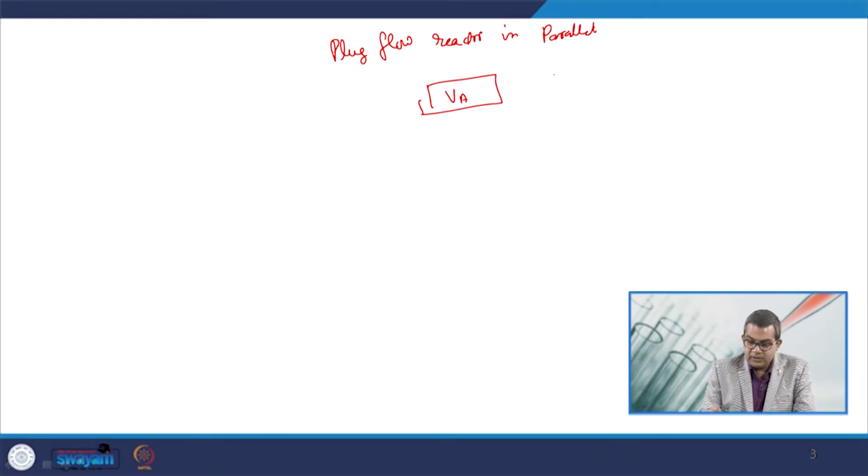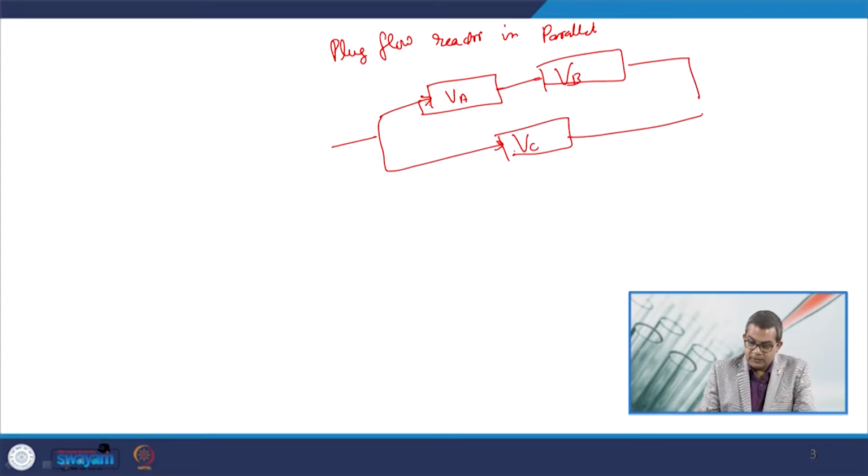Now, here these are the reactors. You can see this is the basic arrangement of parallel streams. Here this is the A, this is the B, and this is the C reactor, and this is stream 1 and stream 2.